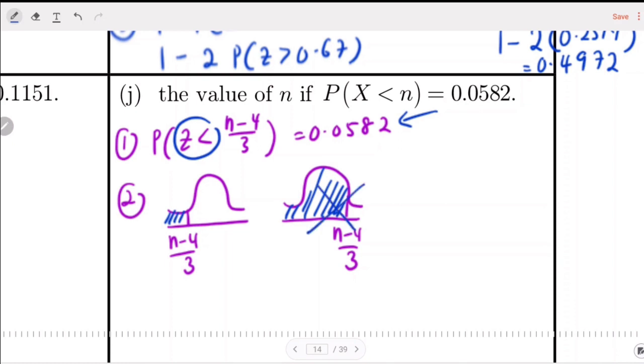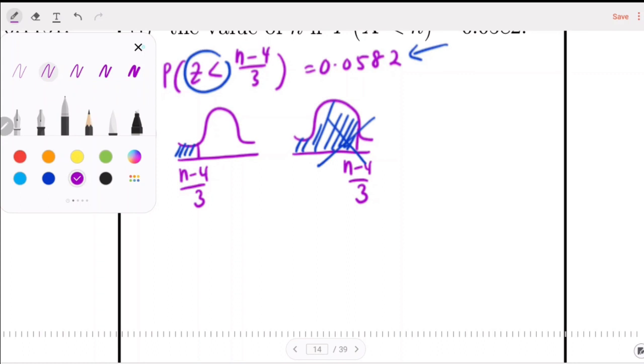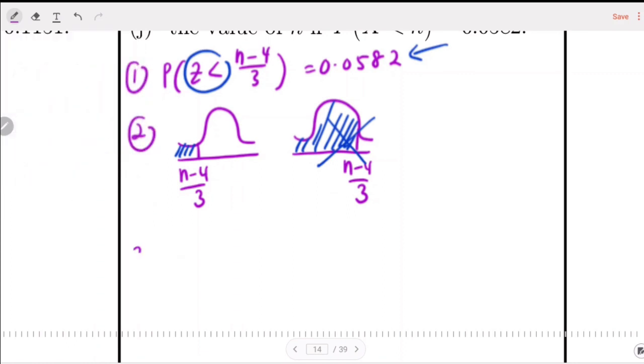The right one is incorrect. And then we proceed to the third step, which is to identify whether we need to put 1 minus or not. So in this case, since we didn't shade the middle part of our bell shape, we don't need to put 1 minus. Instead, we just take probability of Z greater than this value here, n minus 4 over 3.